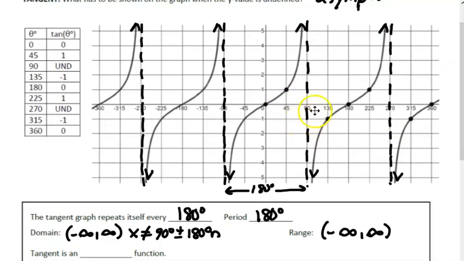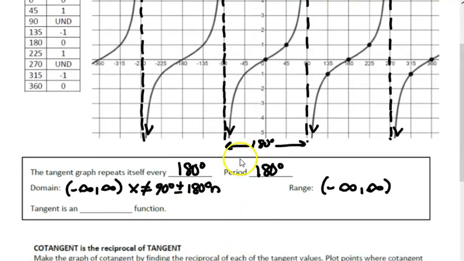So 90 plus 180 would give me another asymptote, plus another 180 would give me another asymptote, or minus 180 would give me an asymptote. So n just represents the number of 180s that I want to add. So if I did 90 plus 180 times 3, I would still get an asymptote. Or if I did 90 minus 180 times 2, I would get another asymptote.